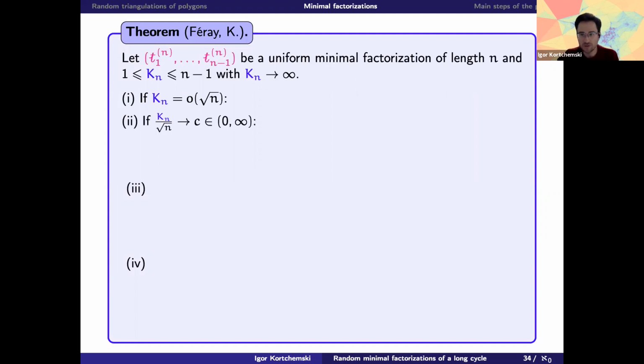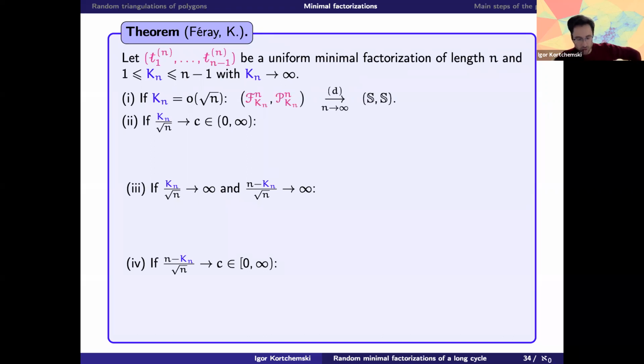Second regime, we read of order square root n transpositions. Third regime, we are in the bulk. We have read much more than square root n transpositions, but not all of them, meaning that the number of transpositions left to read is big compared to square root n. And last regime, it's a sort of symmetric of the second one. It's when we have read nearly all of them.